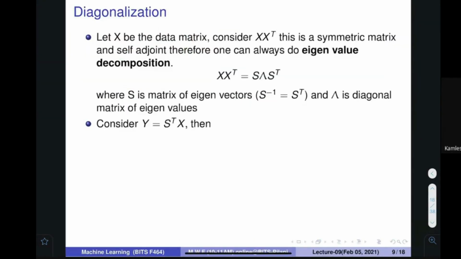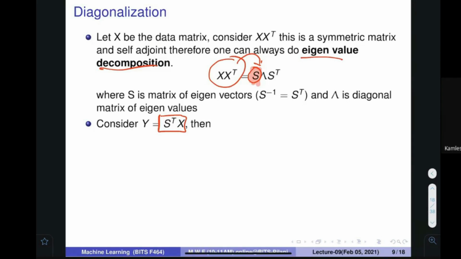How to find this, I'm not going into that detail, but consider this particular quantity, S transpose into X. Everybody okay that if you find the eigenvalue decomposition, then you can find the value of S?